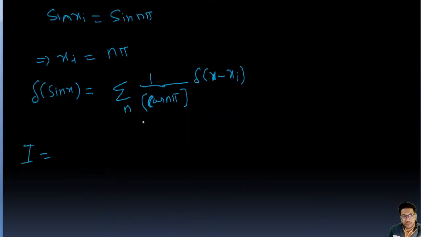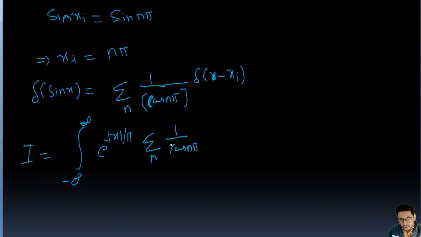It is going to be the integration from minus infinity to plus infinity of e to the power minus mod x upon pi, times the sum over n of 1 upon mod cos n pi, times delta x minus xi, dx.